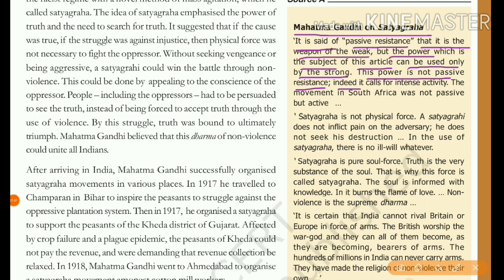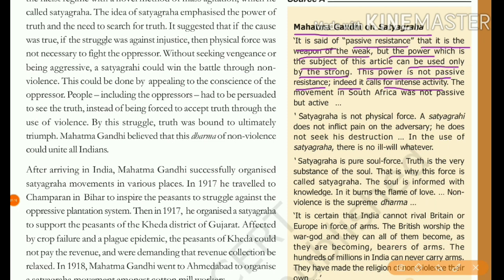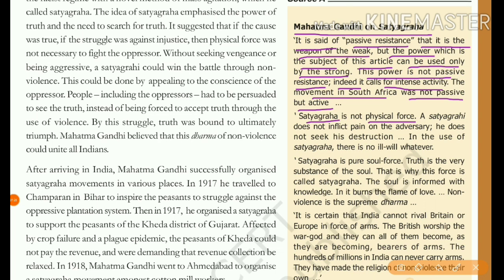Indeed, it calls for intense activity. Intense activity means very strong and serious activity. The movement in South Africa was not passive but active. Satyagraha is not physical force. It's not using any physical force or any physical weapons or arms against the oppressor.